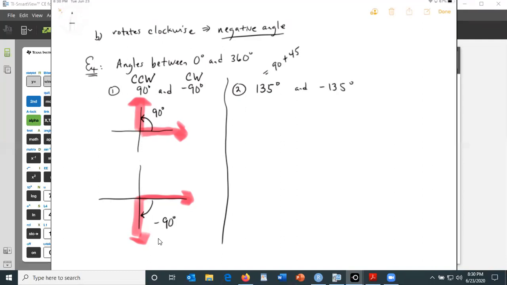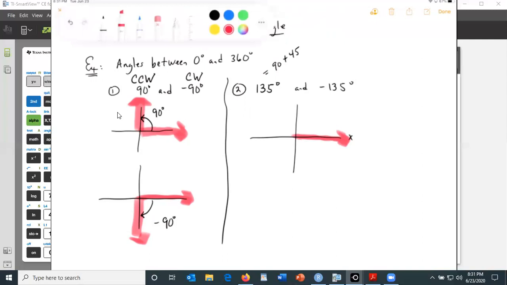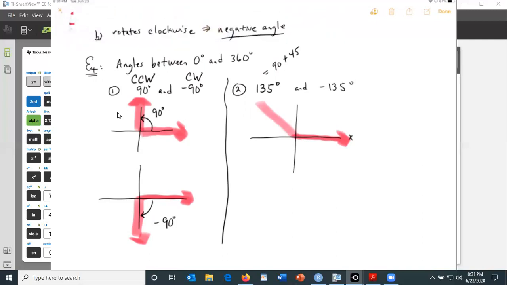So I know I have to go at least 90 degrees, which means I need to rotate a little further, over to here in the second quadrant. On the x-axis we put our start, which always goes there, and then the terminal side should be somewhere over here.